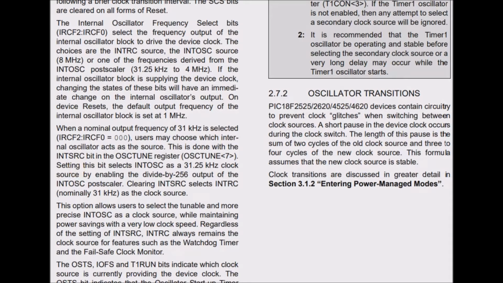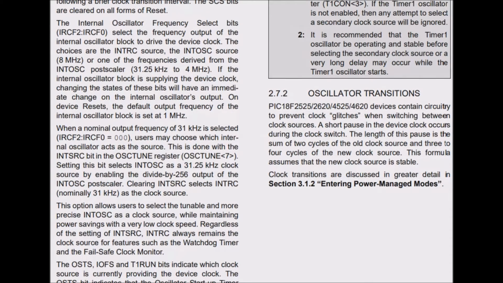Setting this bit selects the internal oscillator as a 31.25 kHz clock source by enabling the divide by 256 output of the INTOSC post scaler.